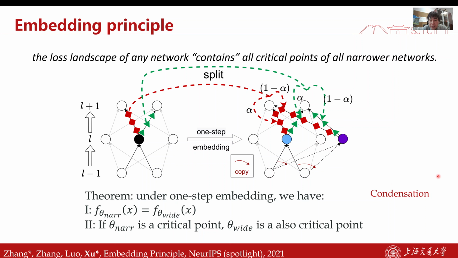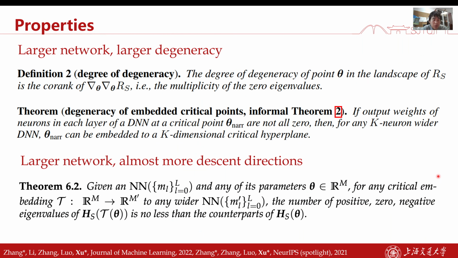And by this embedding principle, we can study the properties, and we show that larger networks will have larger degeneracy. Degeneracy means the Hessian has more zero eigenvalues, meaning its volume is larger in some sense, so it's easier to attract the training trajectory.